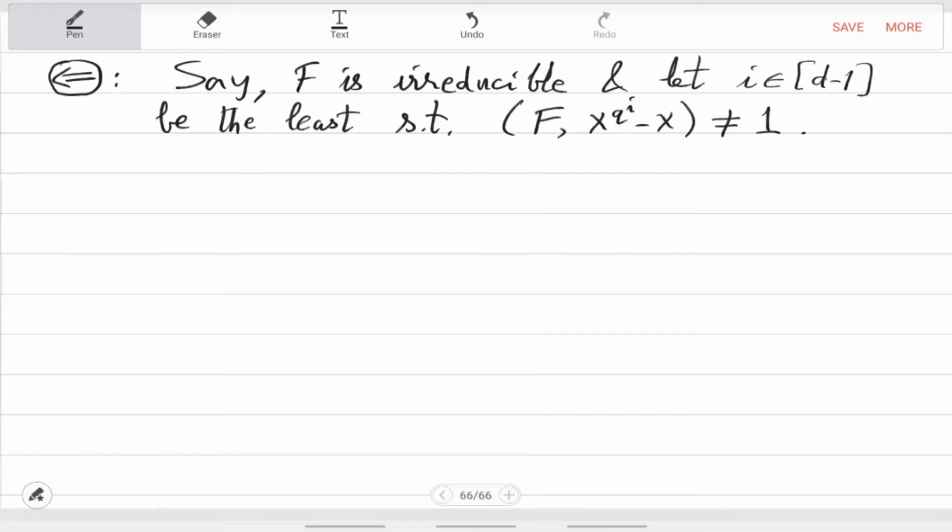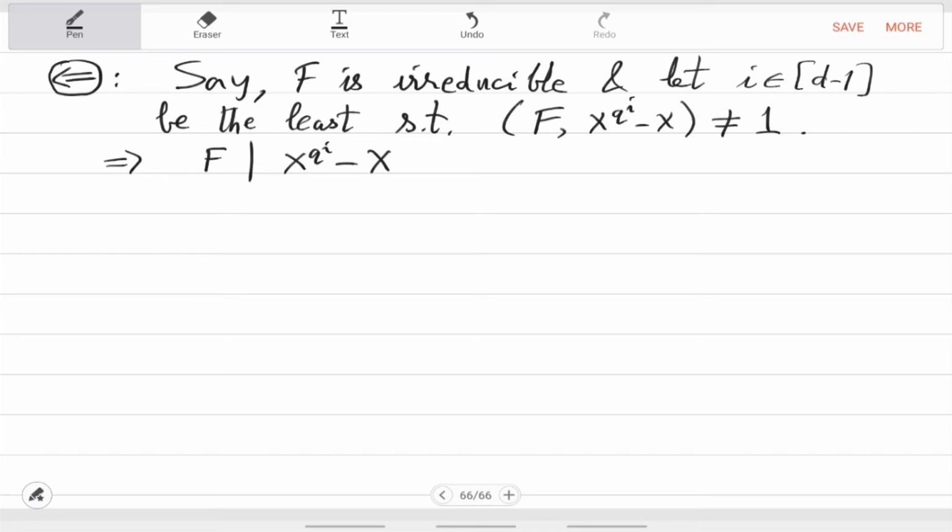So, if big F is irreducible and the GCD exists, what does that mean? It has to exactly divide. GCD has to be big F. That's the only option. Right?